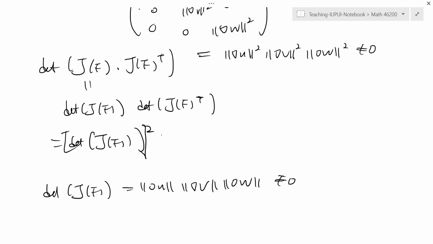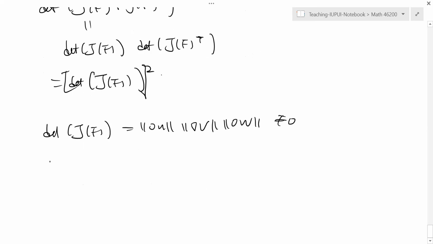By our assumption, this map F goes into R3, and F is one to one. Why?